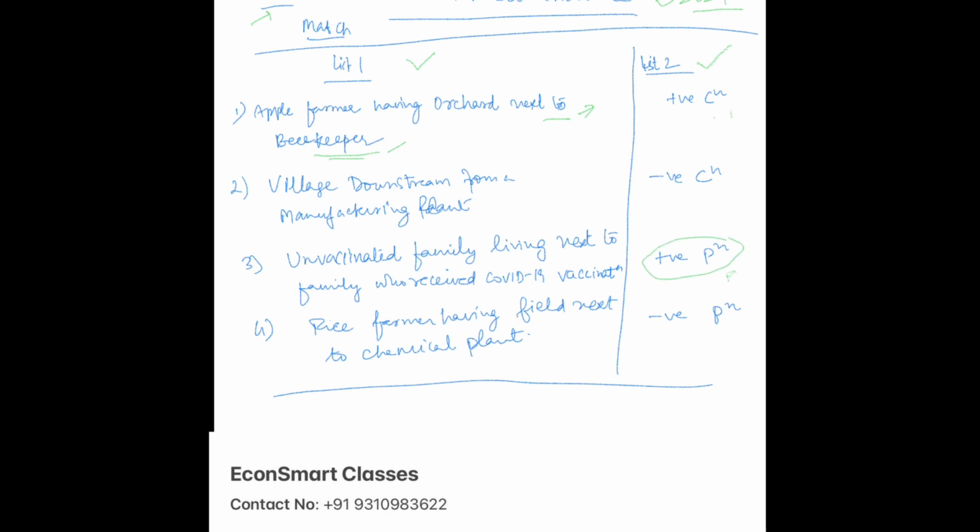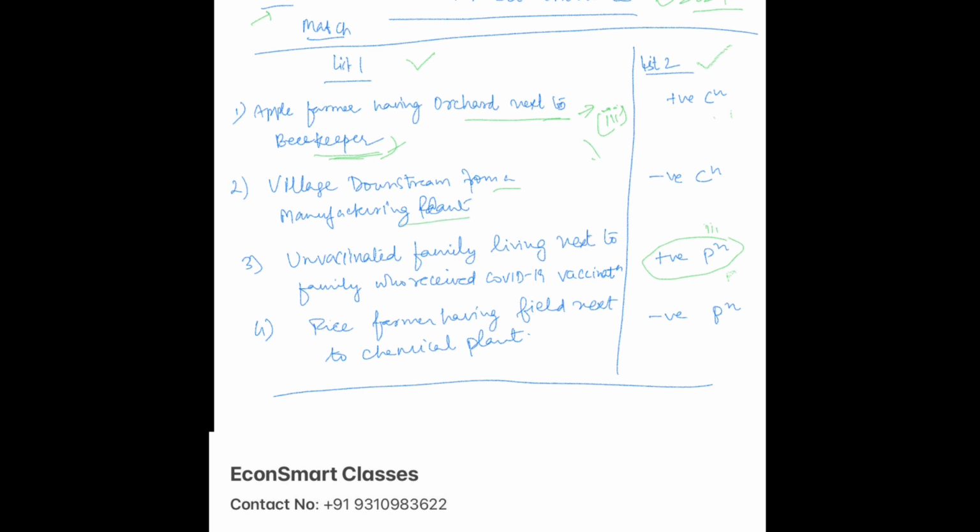So we can say first is related to the third one, right? So let's say this is the third one, so first is related to third. All right, so this is how apple farmer having orchard next to the beekeeper, it is an example of positive production.